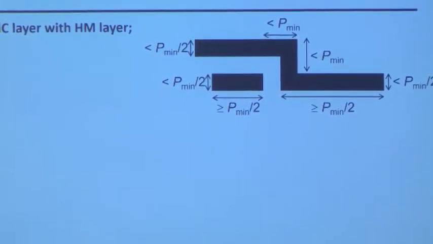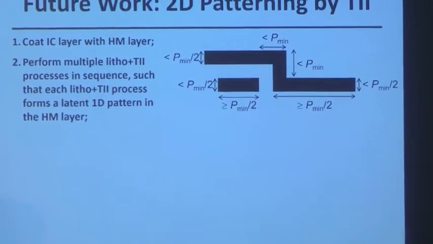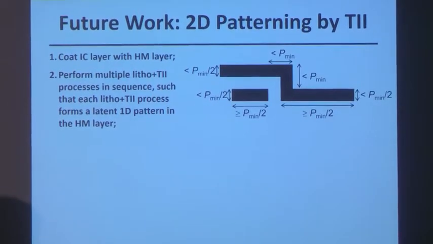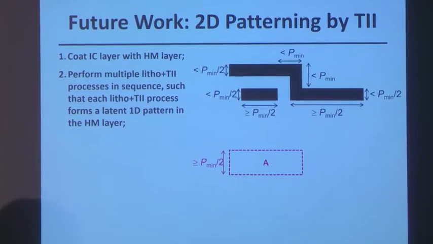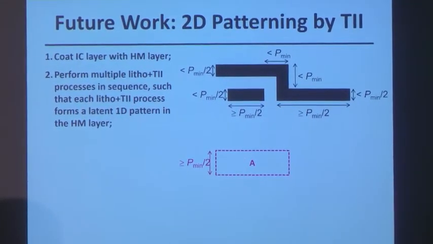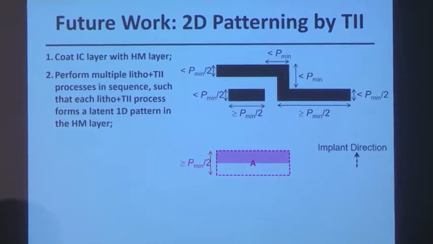So for example, the way you do this is you would still have a hard mask layer over your IC layer. Now you use multiple lithographic masks in sequence to damage the oxide, the hard mask, according to this pattern. So in this case, let's say you could partition this pattern across 4 masks. The first mask, you do an implant to define this part of the pattern.